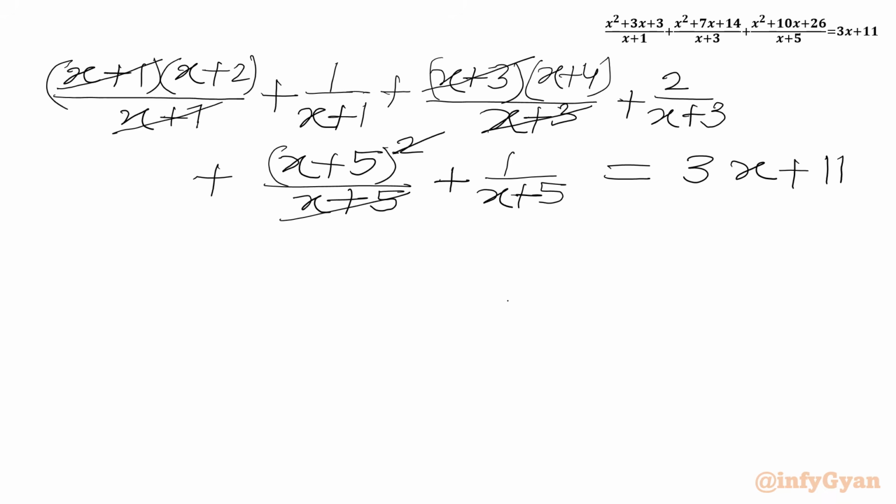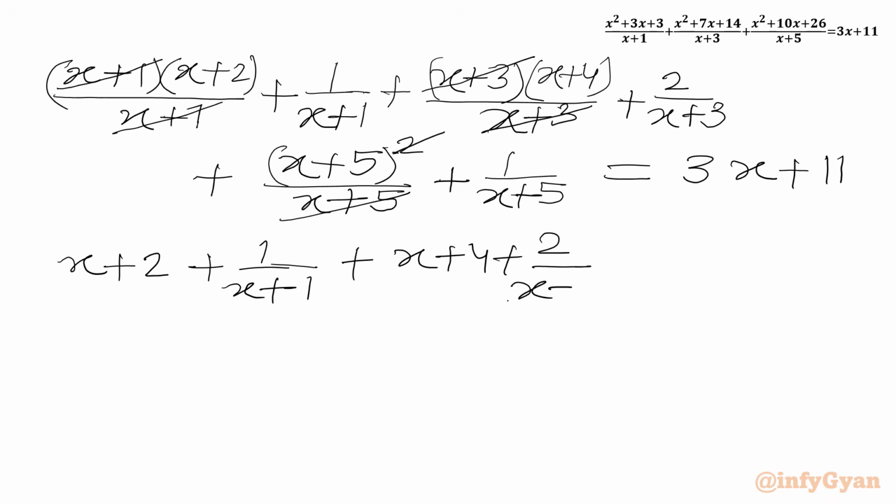So we can write x plus 2, plus 1 over x plus 1, plus x plus 4, plus 2 over x plus 3, plus x plus 5, plus 1 over x plus 5. This must be equal to 3x plus 11.